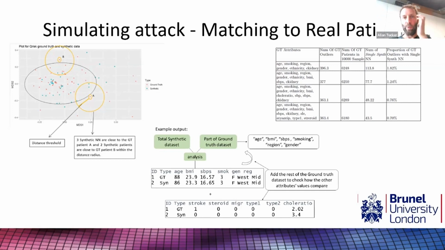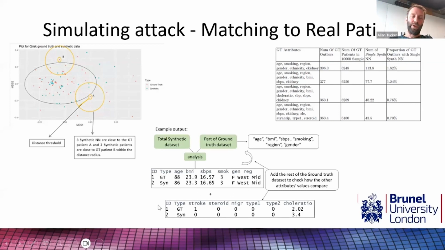And what we generally found was, firstly, linking it to one or a small number of synthetic data points was relatively unlikely, but not impossible. It did happen in a small percentage of cases. But even if you did that, here's an example where you have ID1 and ID2, where the first ID is a ground truth real patient. They were 88, they've got a BMI of 23.9, everything else from the West Midlands, and a synthetic data point with very similar features here.